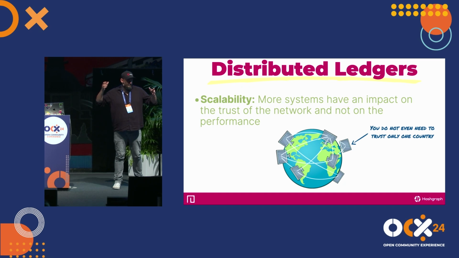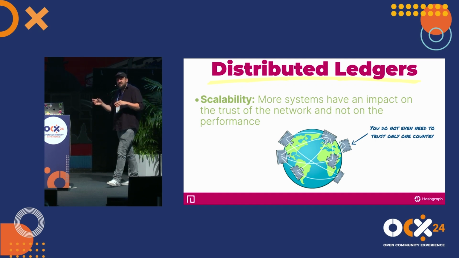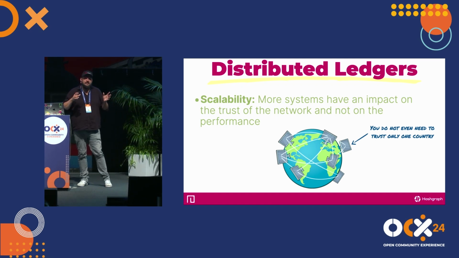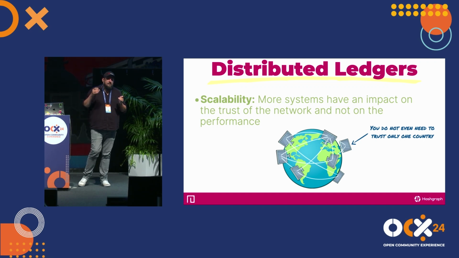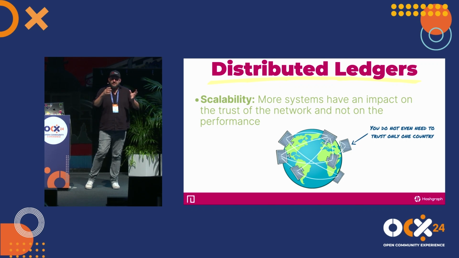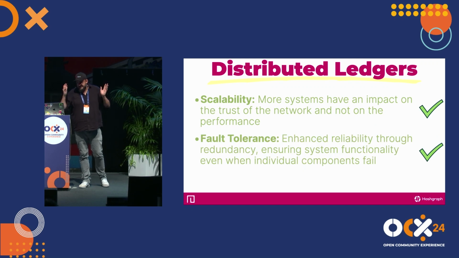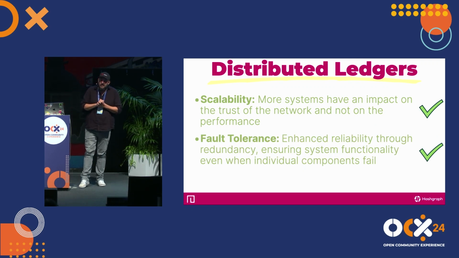If you have 10 nodes and it happens on one node, then you have 9 nodes that still have the right result, and that will define the state of the system for the future. So when talking about trust, I mean that the state of the system will be more trustful by adding more nodes. As said, fault tolerance is the same.